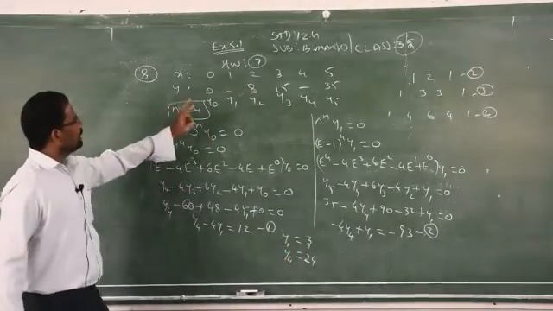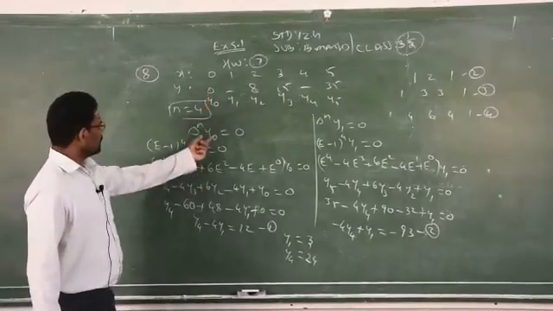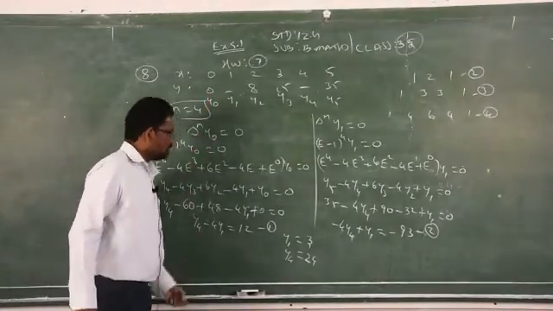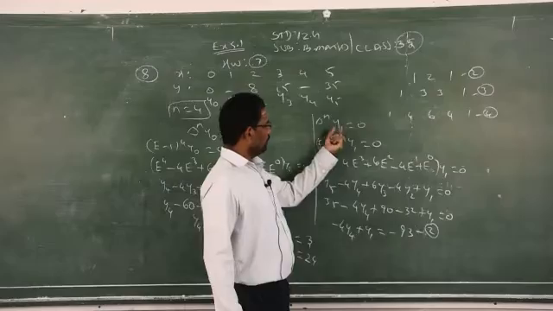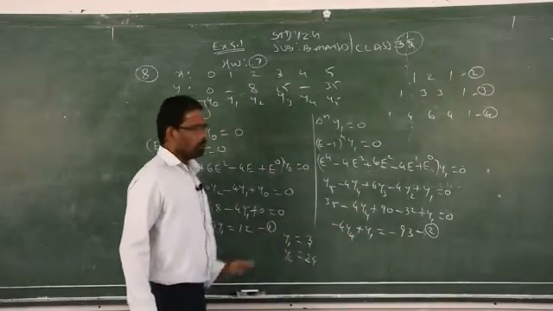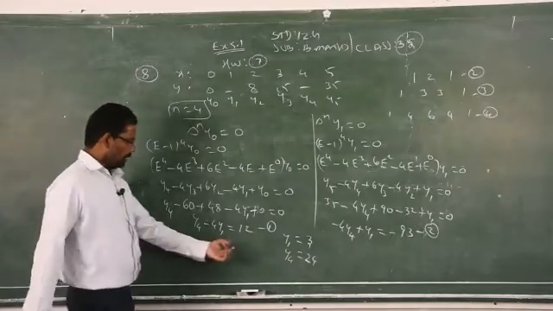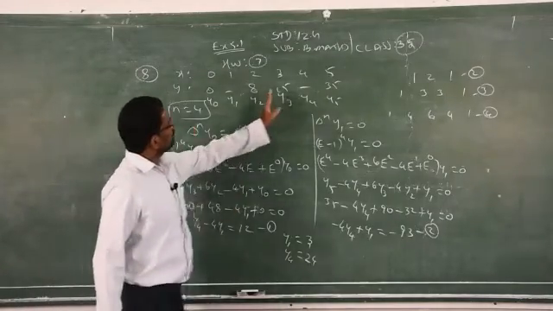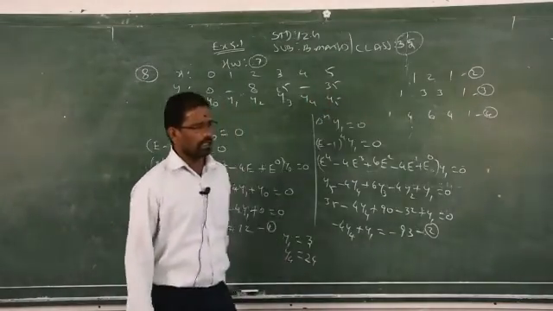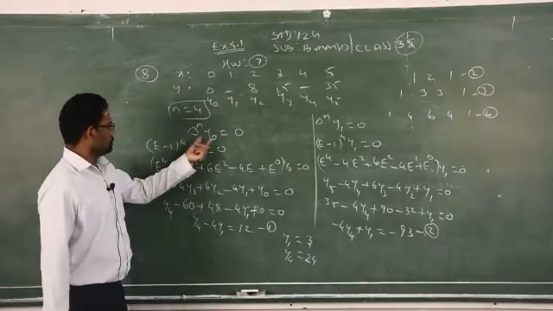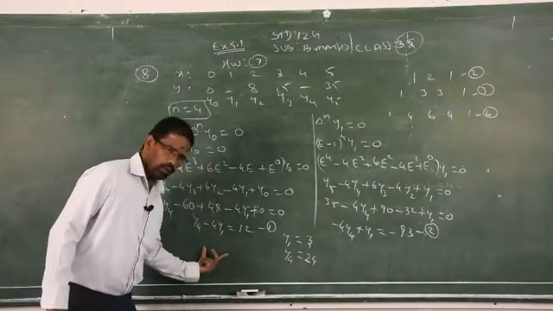So when two data are missing and not starting with y naught, you will get one equation. Then you will introduce y1, you will get another equation. Solve those two by any one of the methods which you studied already, you will get y1 and y4. If one more missing data is given, then you have to start with y naught first, you will get one equation.